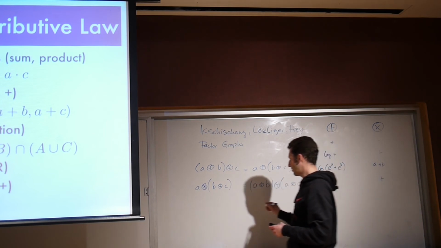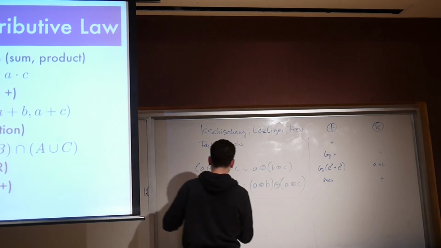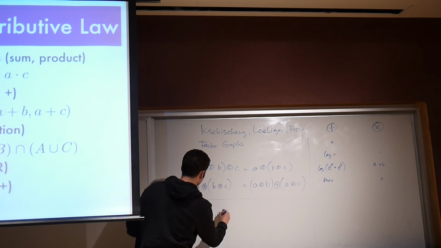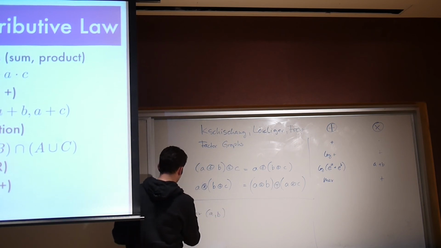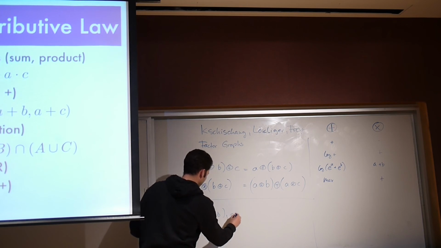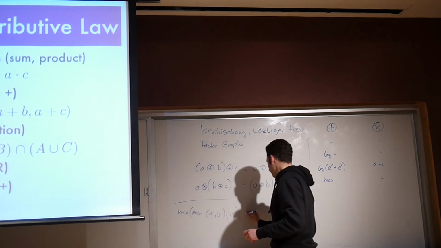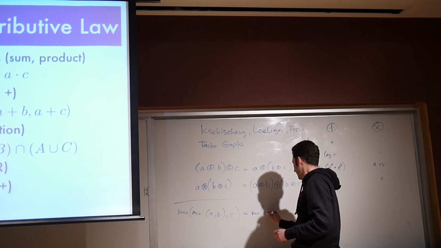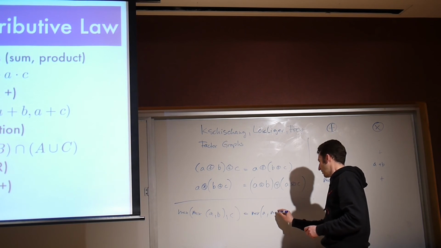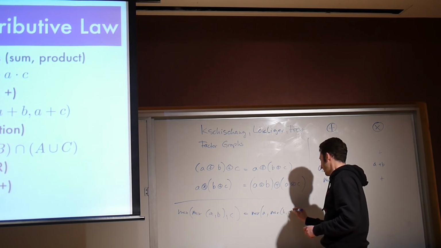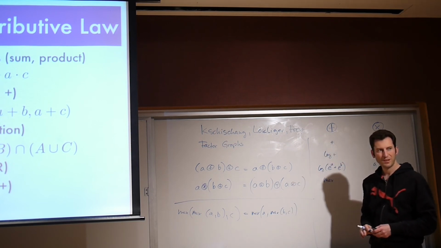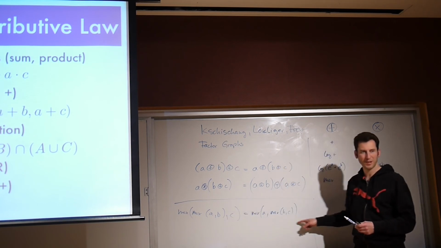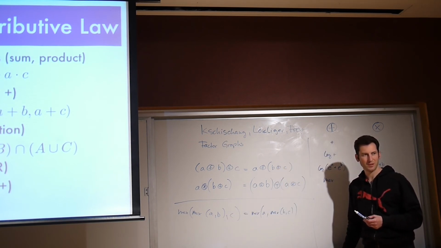So what I now need to show for the first condition is that the max of A and B, and then the max of this and C equals the max of A, and then here insert the max of B and C. But that's obvious, right? Because both operations will give me the maximum of all three, so therefore I have equality.